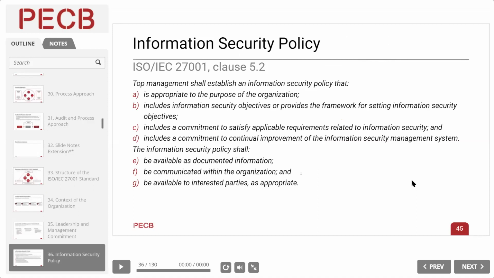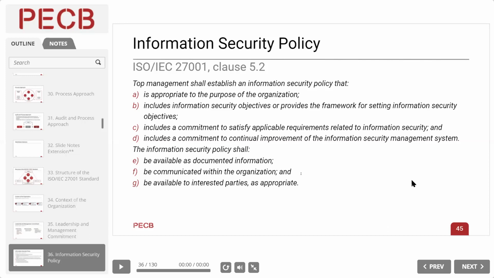So as I said, the policy, we expect top management. In clause 5.2 of 27001, top management shall establish an information security policy. Remember, the language in the standard is designed around legal language.